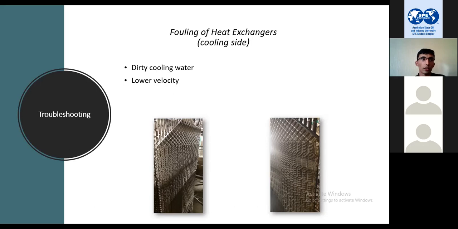Whenever the water coming from the extruder is hot, we need to cool it down more, so this valve opens more. But when there is no need, this valve will close the cooling water and decrease its volume, meaning decrease its velocity, so that can arise some problems of heat exchanger fouling.